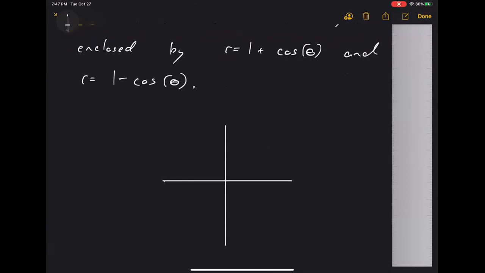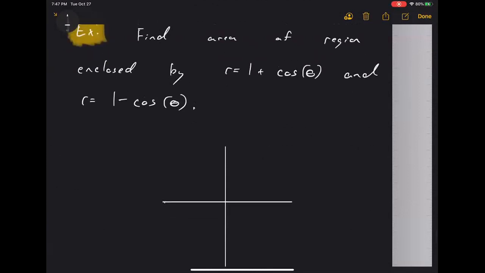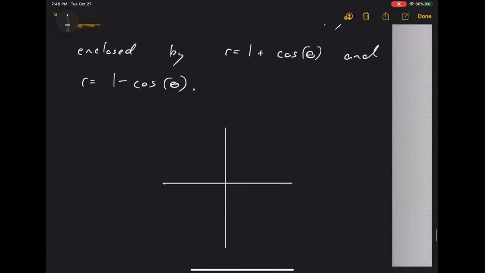So let's graph these things and look at the region we're dealing with. So r equals 1 plus cosine theta. Now I'm going to try and graph this myself. When theta is equal to 0, we're at 2. When theta is equal to pi over 2, we're down to 1.